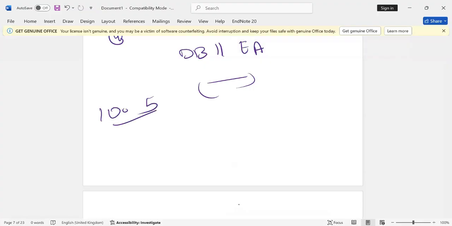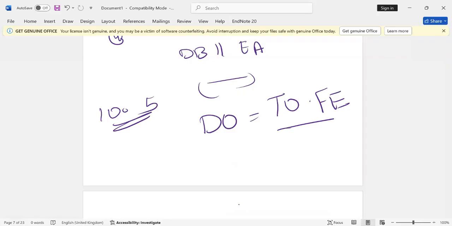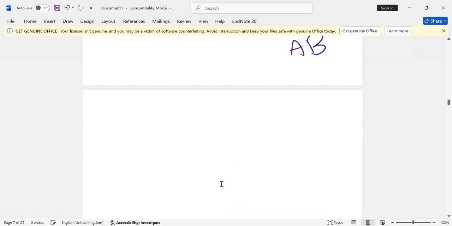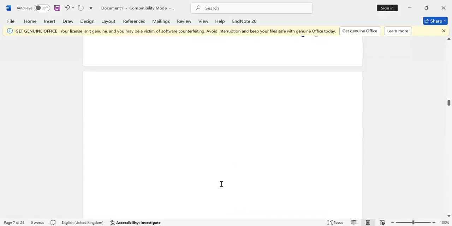So the next question is 10.5. We have to prove that DO equals TO dot FE by AB. Okay, so use the similarity from 10.3 and the radius properties.